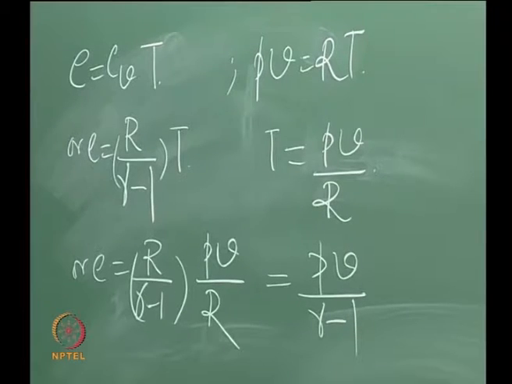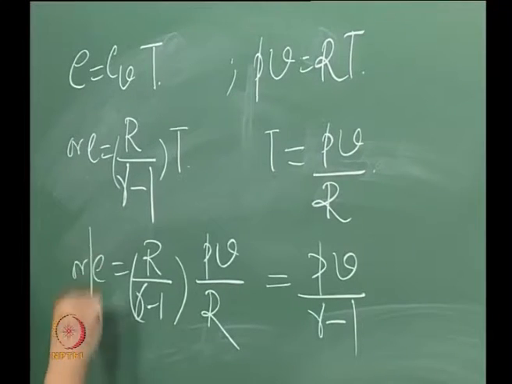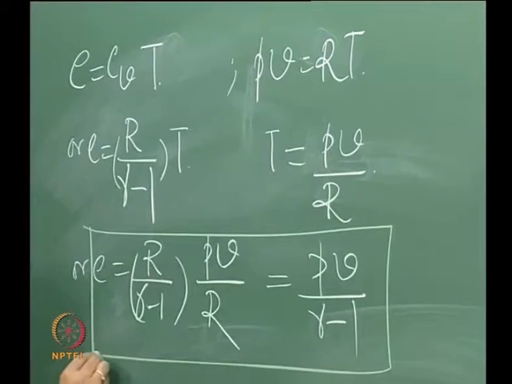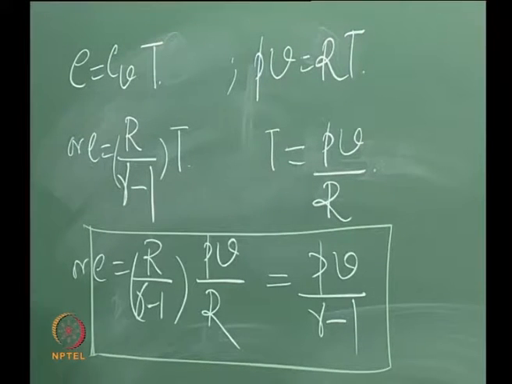Right. Now, if I do that and then incorporate this relationship, right, if I incorporate this relationship into the Rankine-Hugoniot equation, we will get something like this. Okay.